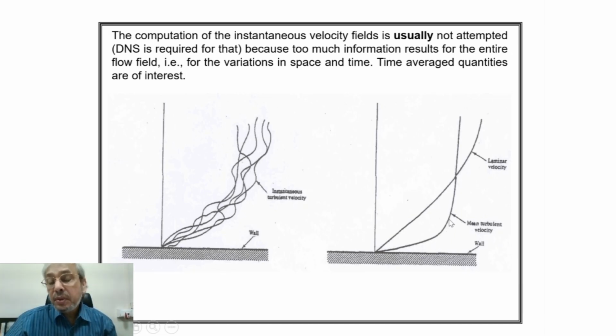But we would like to go for a technique, we are aiming to apply some technique so that directly we can get this log law profile, obeying the basic physics involved in creating such a profile.